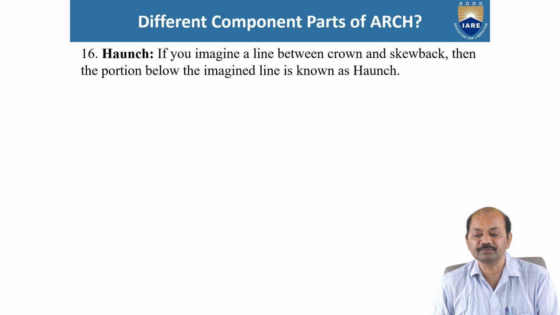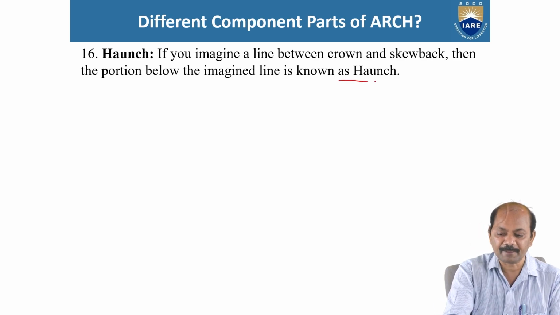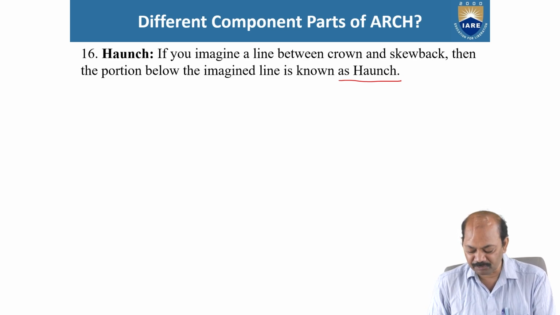Haunch. If you imagine a line between crown and skew back, then the portion below the imagined line is known as haunch. We already discussed what is meant by the crown and what is meant by skew back.